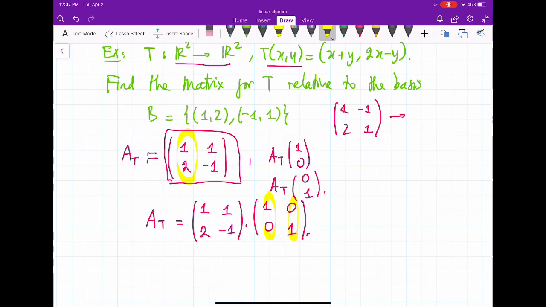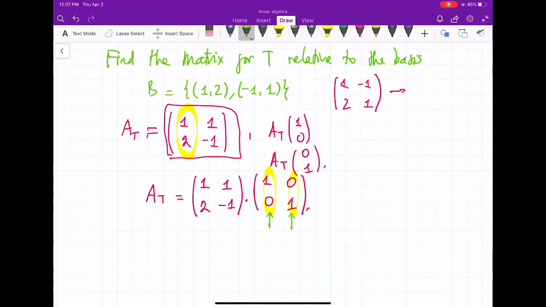And now, if you want to find the matrix for T with respect to another basis, you do almost the same thing. But instead of this column and this column, you have vectors from the new basis. Agree?